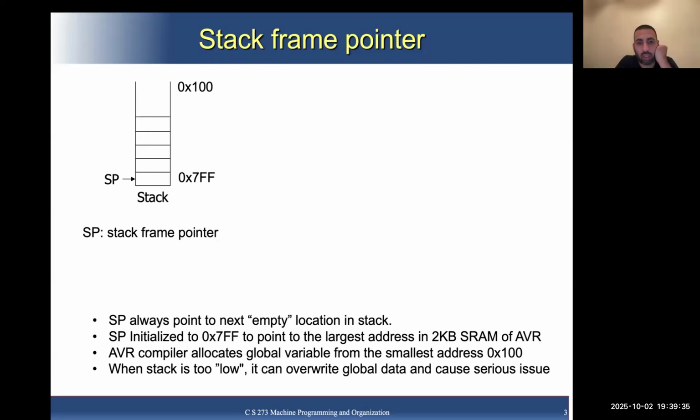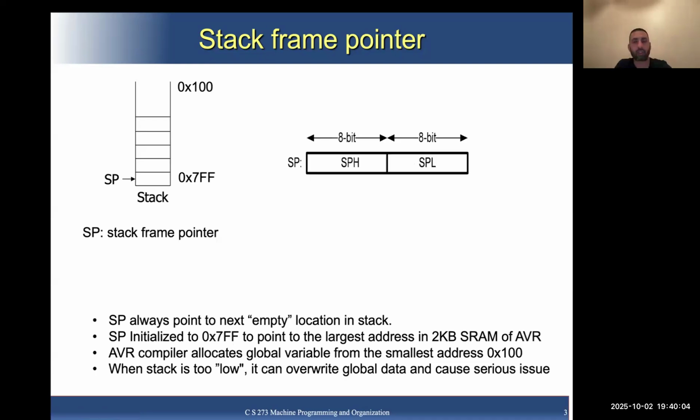So we need to be careful that when our stack is too low, basically it means that the stack pointer points to a location which has a lower address. So for example, this is the higher address, 0x7ff, the maximum address. But if stack pointer points to a location that is too low, then it can potentially override global data and cause serious issues. So we need to make sure that we are not overwriting anything when we are pushing data on the stack, so we don't end up corrupting our own data.